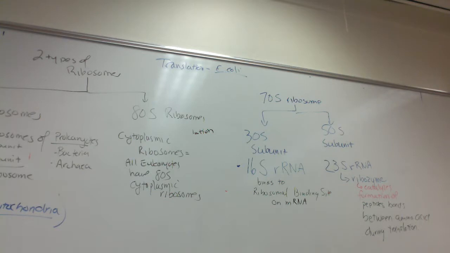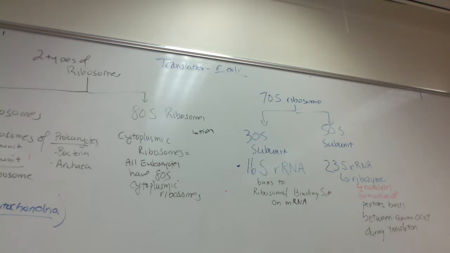Some little tidbits just to finish up, you guys. Do you recall how we said in prokaryotes and bacteria, the DNA is in the cytoplasm, RNA polymerase is in the cytoplasm, the ribosomes are in the cytoplasm? So you remember how we said in bacteria, ribosomes can bind to the mRNA even before transcription is finished and start translating the mRNA even before transcription is finished, right?